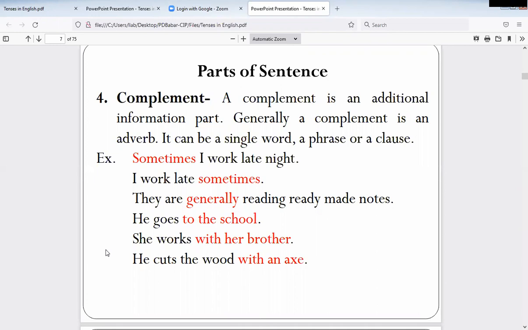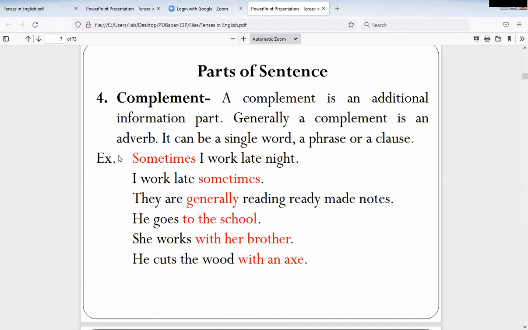So the wood is the object of this sentence, and thereafter with an axe. With what? With an axe, he cuts the tree with an axe. Okay, he cuts the wood with an axe. So with an axe is called the complement in this sentence.